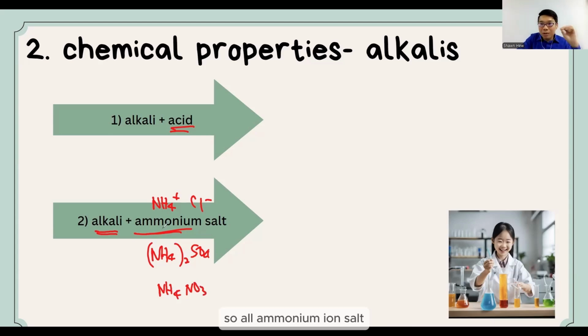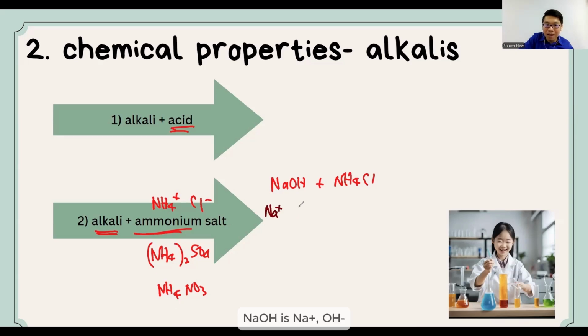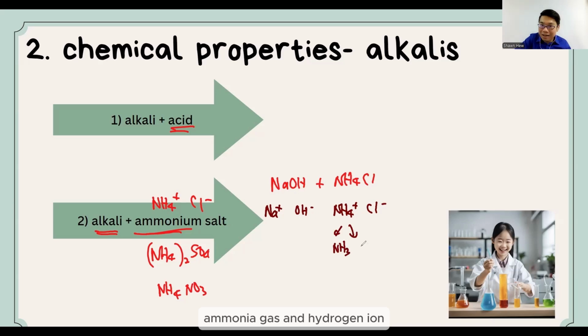So for all ammonium ion salts, when they react with alkali, what will happen? Let's say we are using NaOH reacting with NH4Cl. If you're not very familiar, we always separate it into different ions. NaOH is Na+, OH-. Here we form NH4+ and Cl-. The ammonium ion further splits into ammonia gas and hydrogen ion.